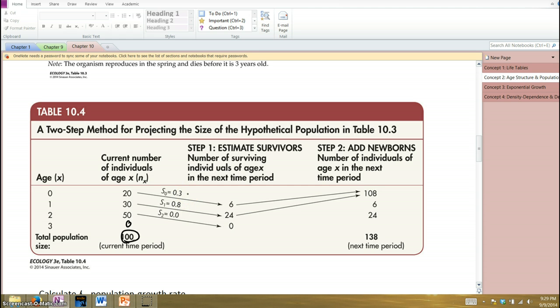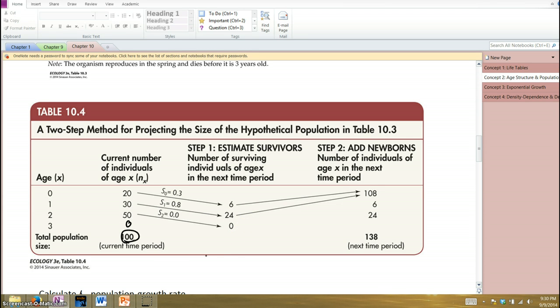We know that the survivorship rate from being born to stage 1 is 30%, so 30% of 20 gives us 6 individuals that then survive to the next stage. Survivorship from 1 to 2 is 80%, so we have 24 that survive, and of course survivorship past then is 0. All right, so of these 100 individuals, essentially 30 of them survive to the next year.